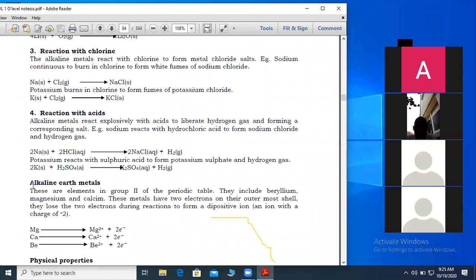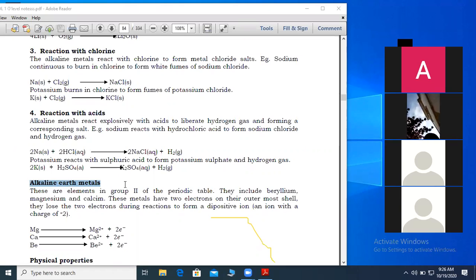Now, alkaline earth metals are elements in group 2. The general name given to elements in group 2 is alkaline earth metals.